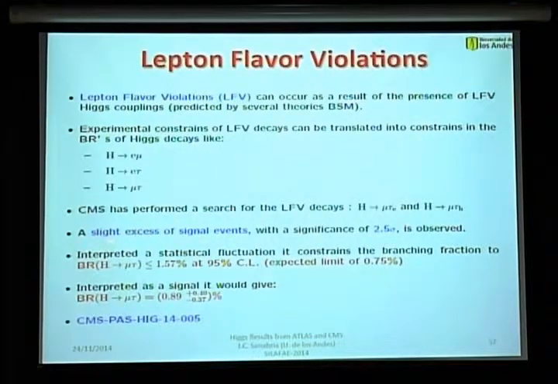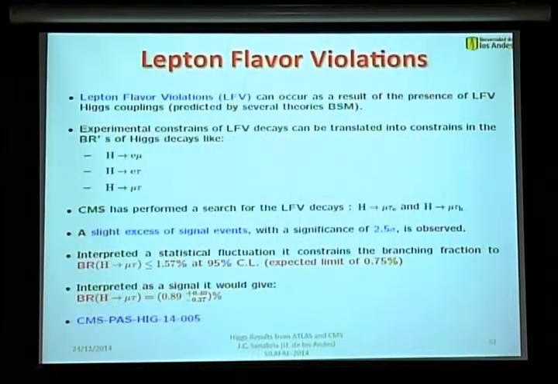CMS has done these studies and has observed a slight excess in the signal on the order of 2.5 sigmas. If one were to interpret this as a statistical fluctuation, it would set an upper limit for the branching ratio of this kind of decay of 1.57, when the expected limit was 0.75. So here we have that factor.